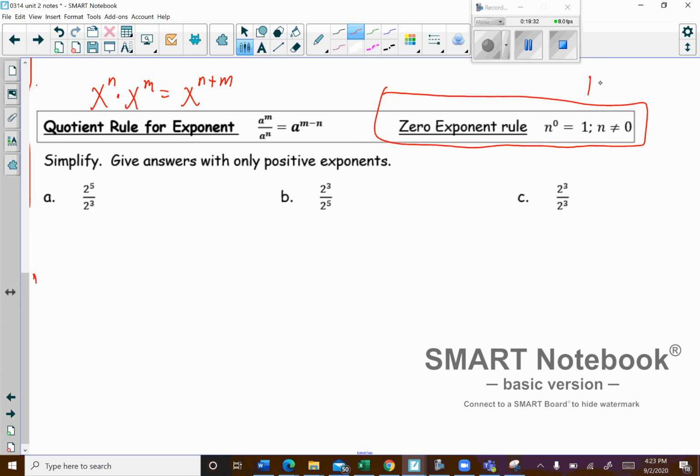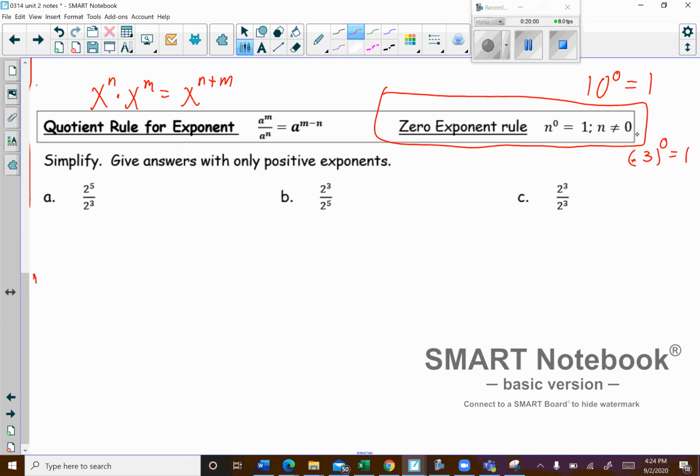So for example, 10 to the power of 0 equals 1. 0.3 to the power of 0 equals 1. As long as I don't have 0 to the power of 0, and I'm never going to throw that one at you, but that's just fine print that you can't have a zero base to a zero power.